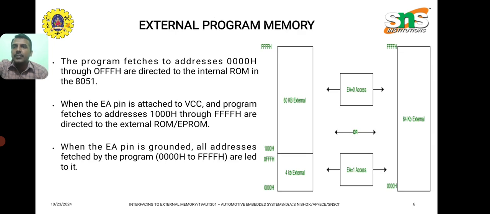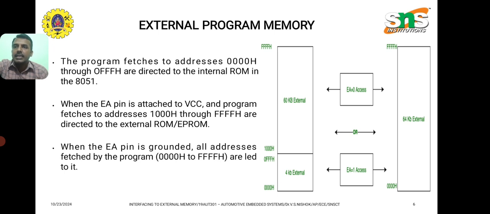Coming to the external program memory, the program fetches to addresses 0000H through 0FFFH are directed to the internal ROM memory in 8051 as discussed in the memory mapping video.